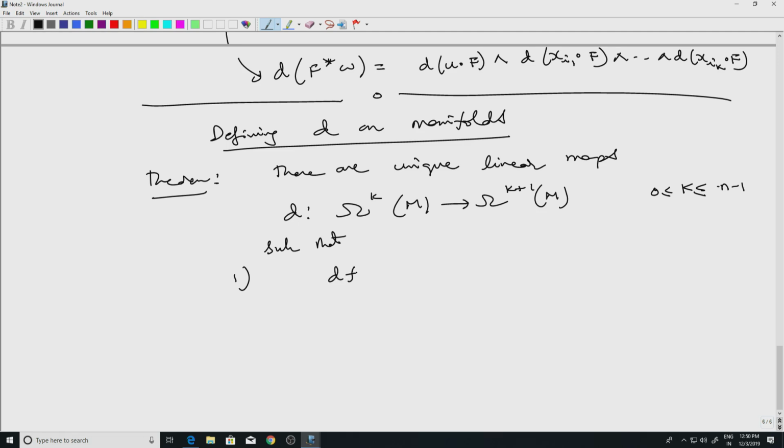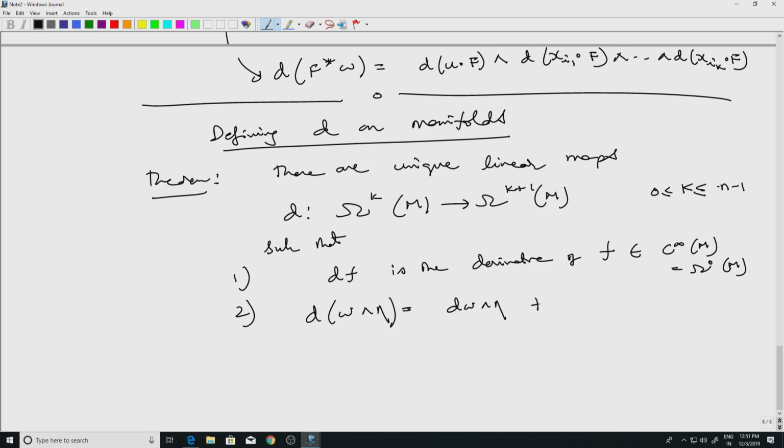df, for a 0-form, is the differential of f, and we have the Leibniz rule: d of omega wedge eta equals d omega wedge eta plus minus 1 to the power k omega wedge d eta, where omega belongs to omega k of M. The third one is d composed with d is 0.